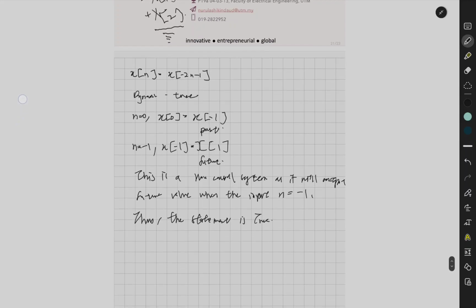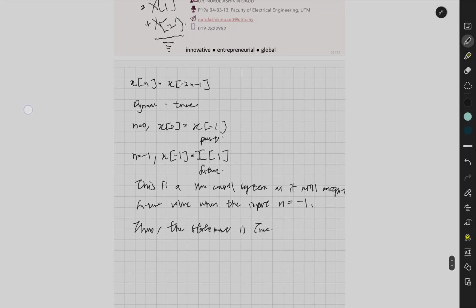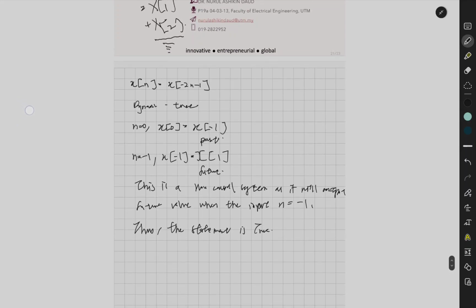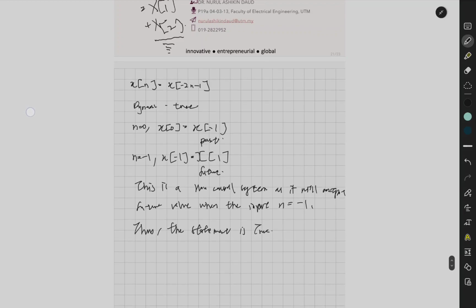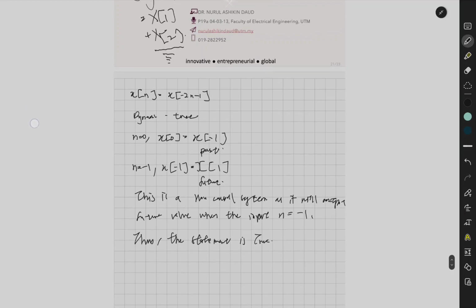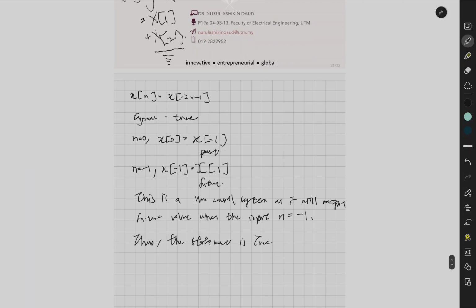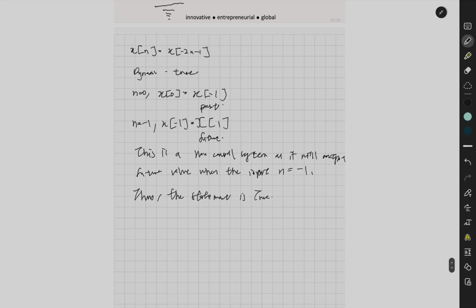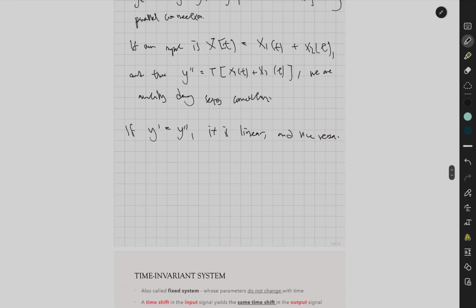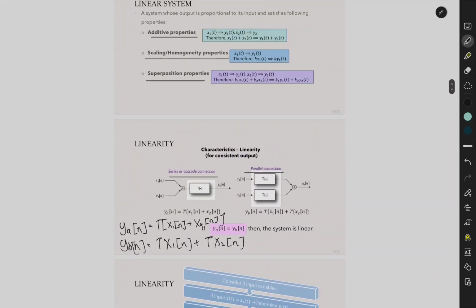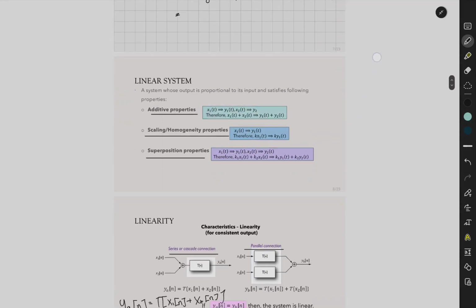Okay, I think that's all. As a conclusion, a causal system is a system that will not produce any future output. For a linear system, we need to use series and parallel cascade.